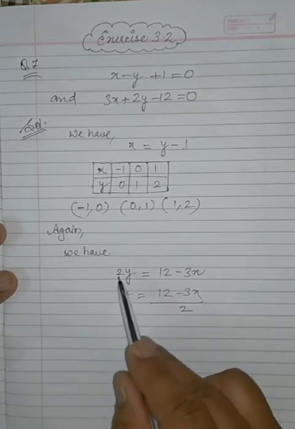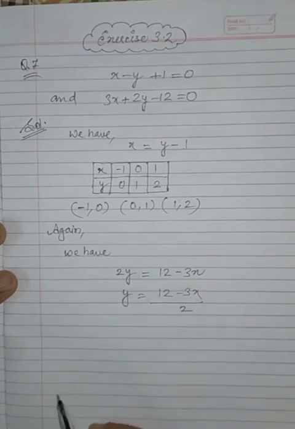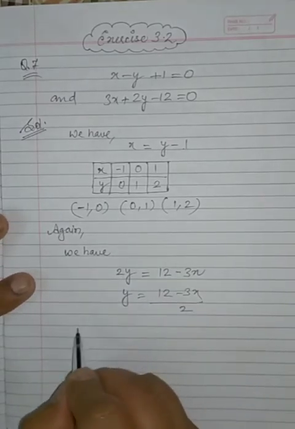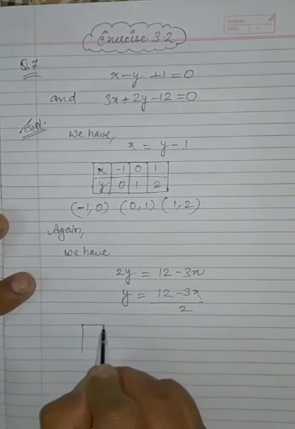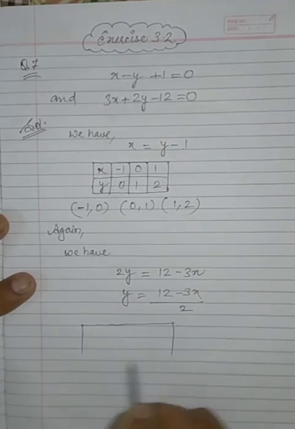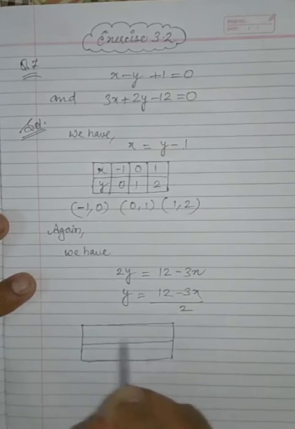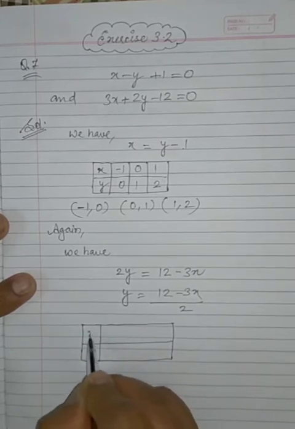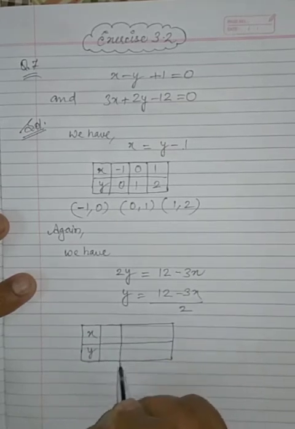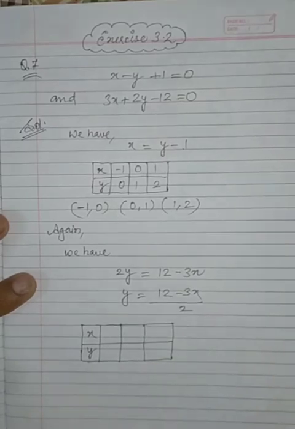So intentionally I have taken 2 in denominator. Now once again we will make a table, a block of x and y, and we will find 3 values for x and y.